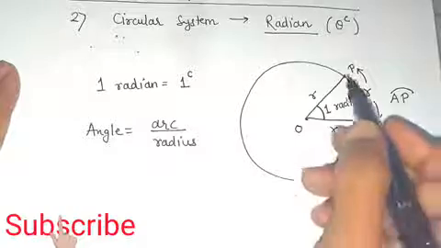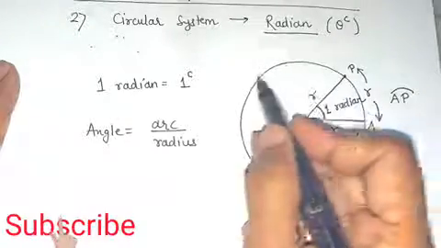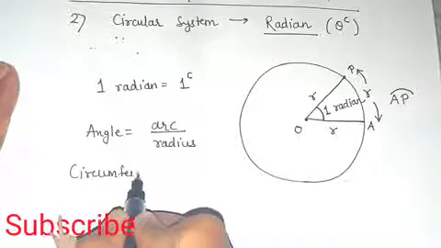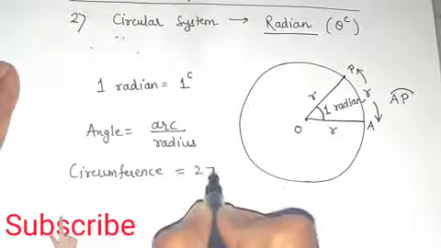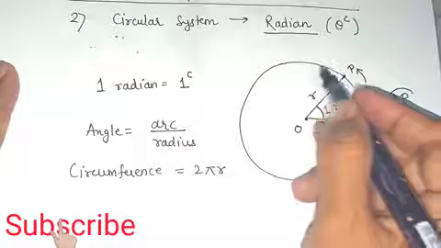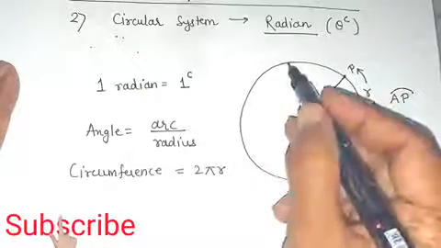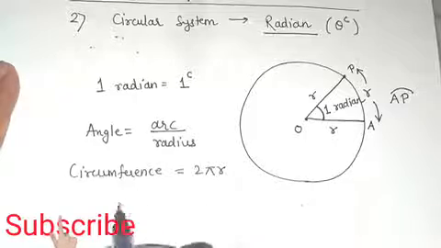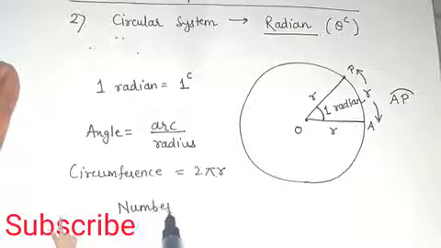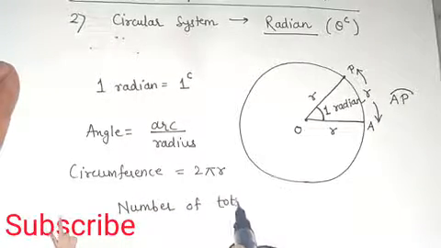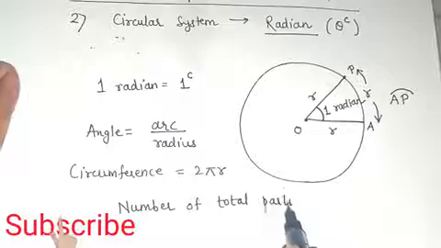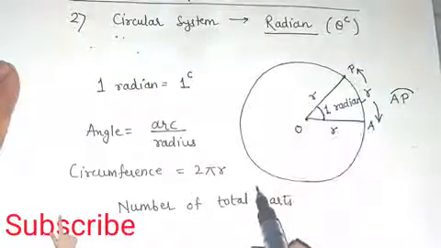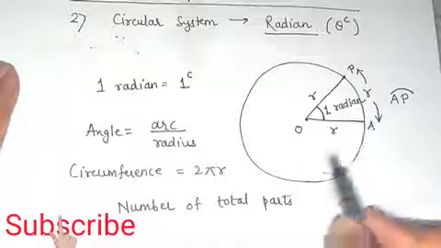Now let's assume the total circumference. We know the formula for the length of total circumference as 2 pi r. So let's assume the total circumference 2 pi r be divided into r equal parts. Then what is the number of total parts? I repeat: the total circumference of length 2 pi r is divided into r equal parts.